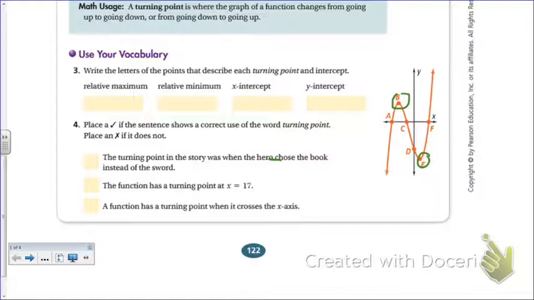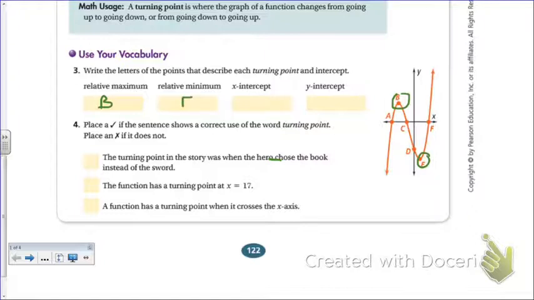Relative just means any. So if I have any maximum point where it's like a bump, any turning point is a max or min. It just depends on whether it's the greatest or not. So B is going to be a maximum, and the relative minimum is the other turning point, which is E down at the bottom.